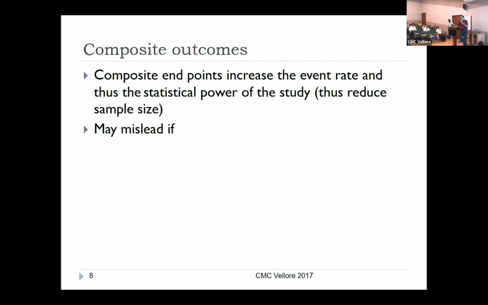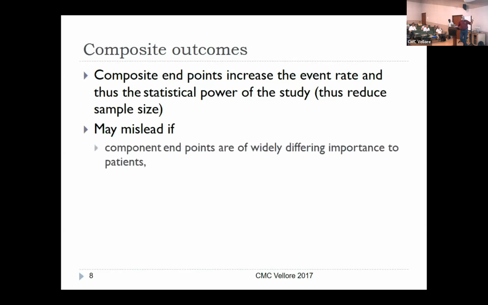But caution, they may mislead if the components are of widely differing importance to patients. So chest pain is not as important as having a heart attack. It's not as important as death. Don't mix these things together in one composite.